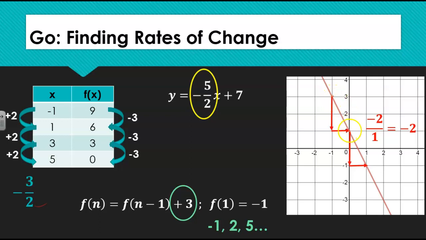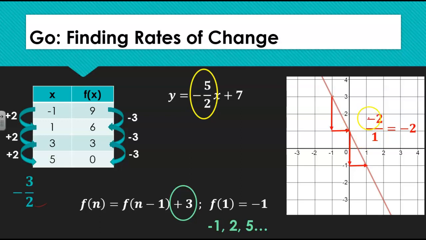The y value for this point on my line is 1. 3 minus 1 is 2. I know that the x value for this point is negative 1, and I know that the x value for this point is 0. Negative 1 minus 0 is negative 1.